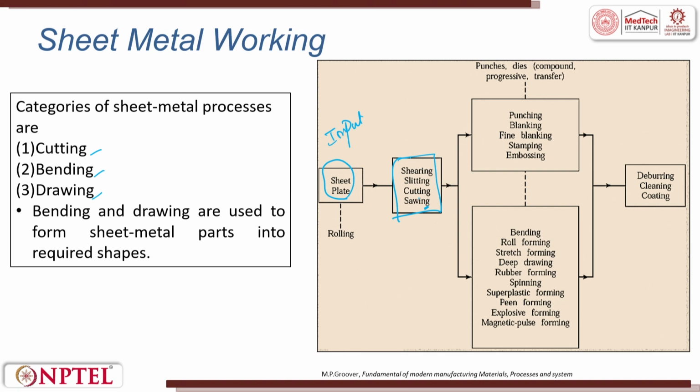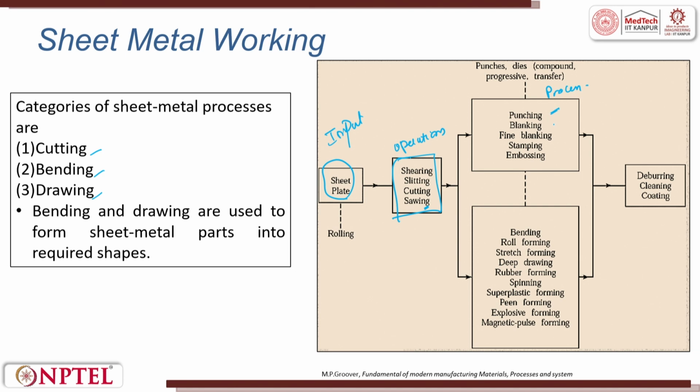But all these are basically operations carried out on the sheet metal to give an output. For doing these operations, we have machine tools, and we also have some tools. So, these are the operations, these are the processes. For doing these operations, we can come out with the process.